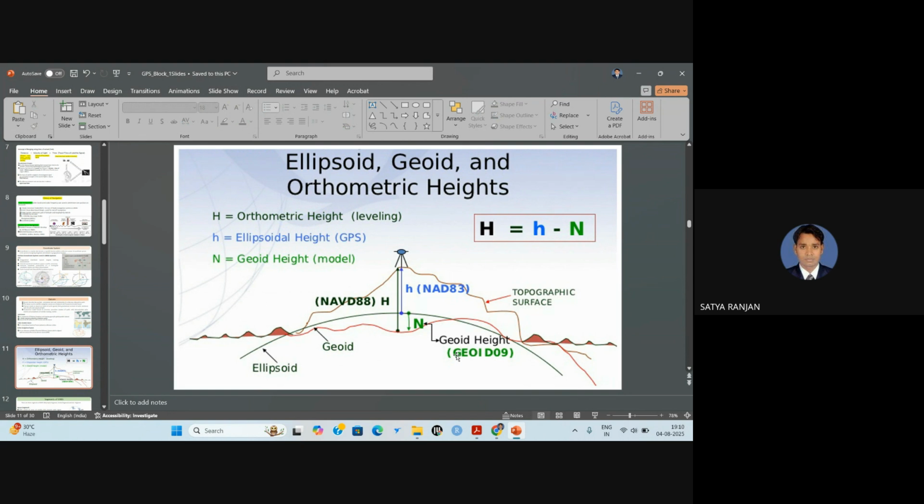So it is also imaginary lines. Based on the magnitudes and the density of the surface of the Earth, the geoid surface is created. So the orthometric height is equal to ellipsoid height minus geoid height. In surveying, we use this type of calculation.